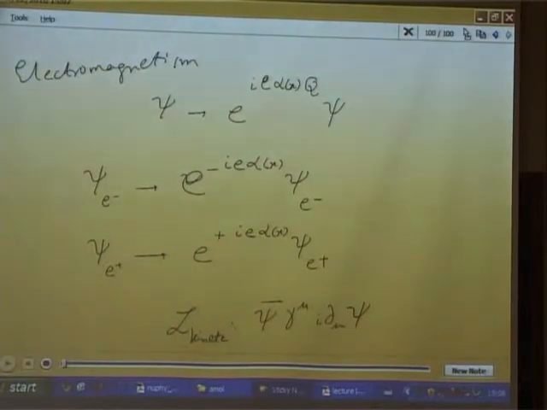And we have a trick we have to use to make it invariant. Firstly, we say that this term cannot be the kinetic term because it is not invariant. So what we need to do is make my L kinetic something different. It should look something like psi bar gamma mu i D mu times psi.